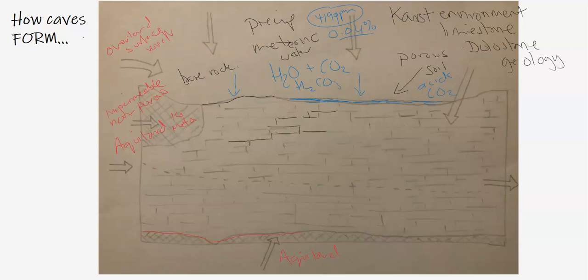Okay, now this acidic water is going to find its way down through the fissures and the cracks, and maybe dissolve this part right here and find its way down, and you see the water making its way down.